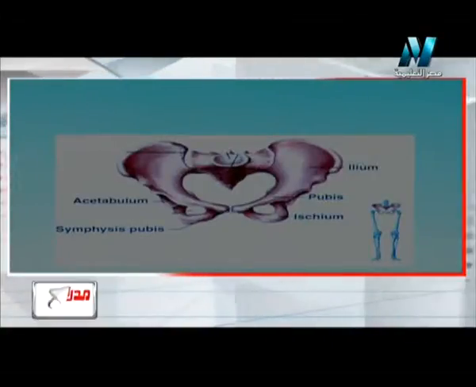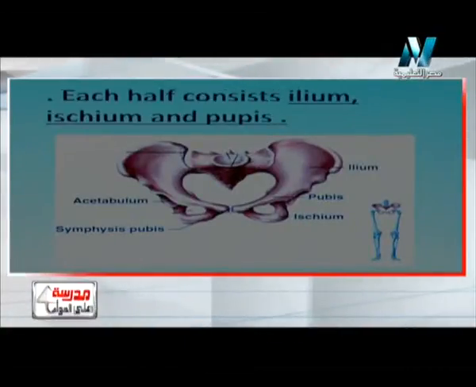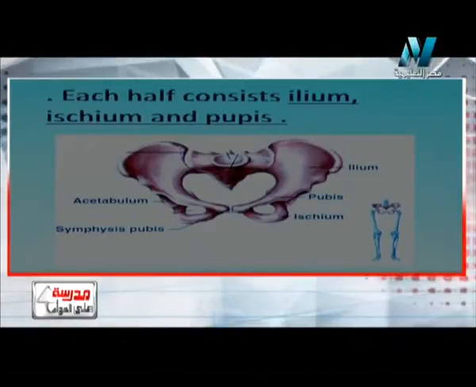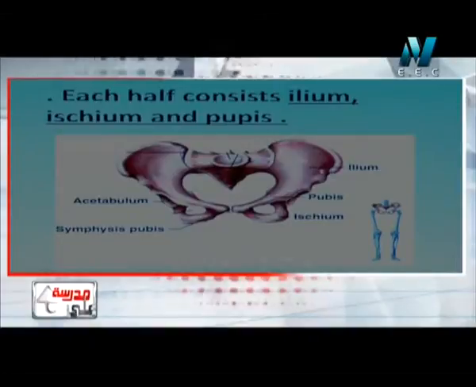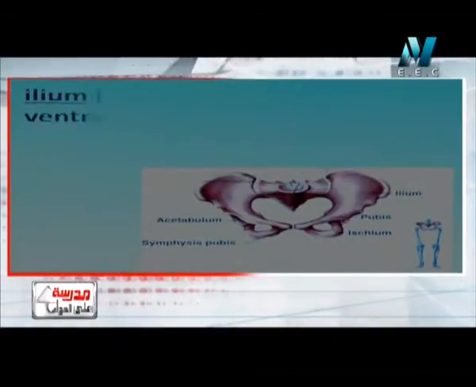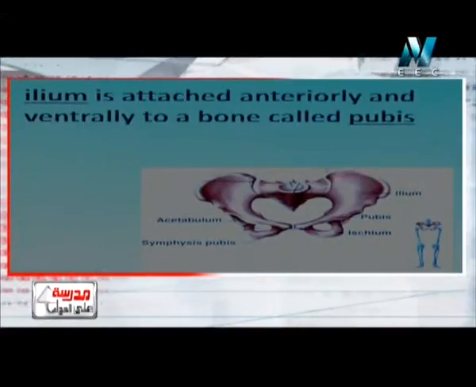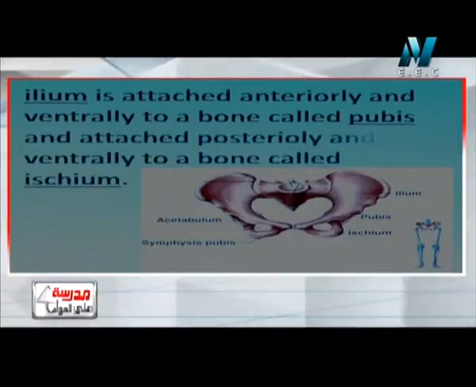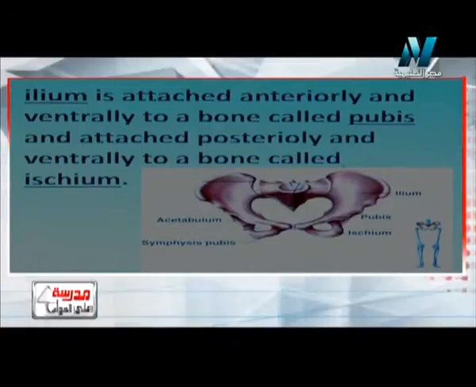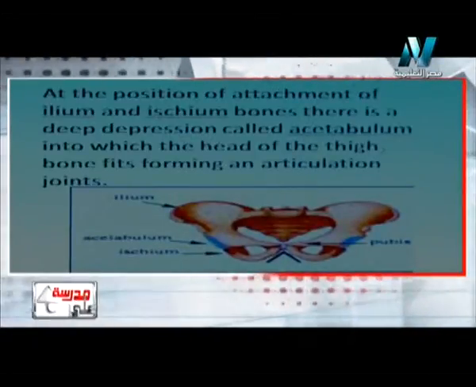The pelvic girdle consists of 2 identical halves. Each half consists of the ilium, ischium, and pubis. The ilium is attached anteriorly and ventrally to a bone called the pubis, and posteriorly and ventrally to the bone called the ischium.